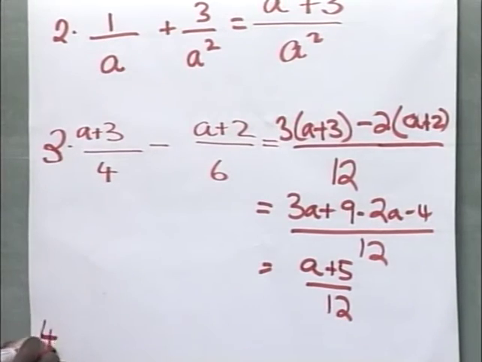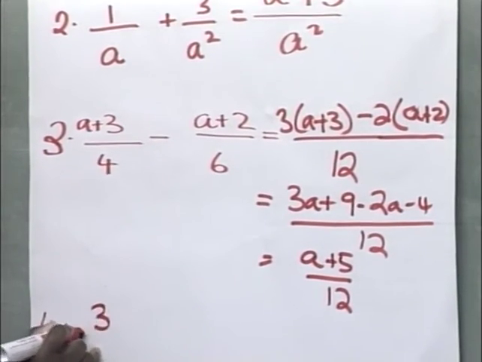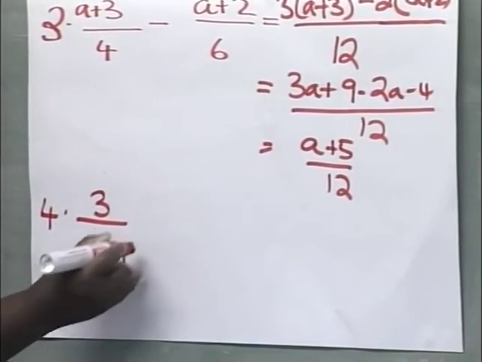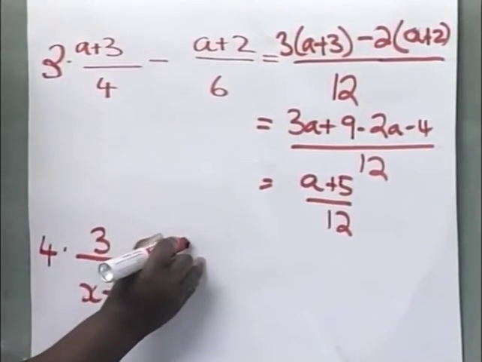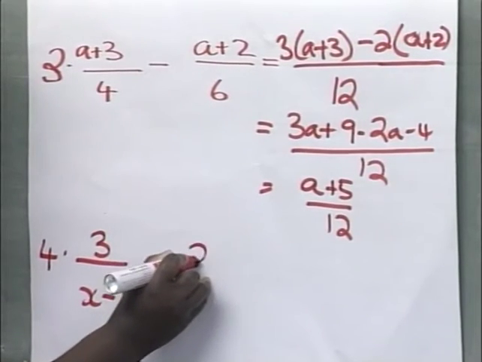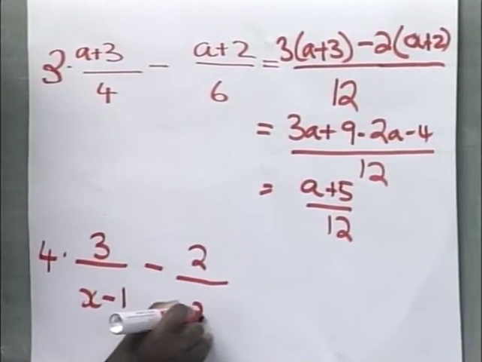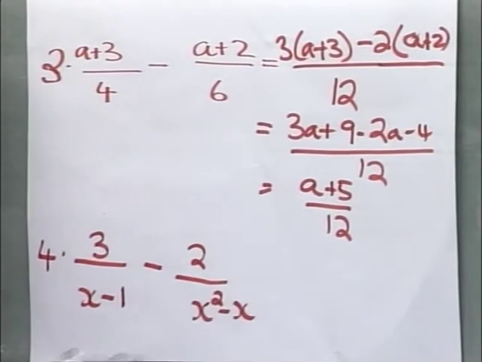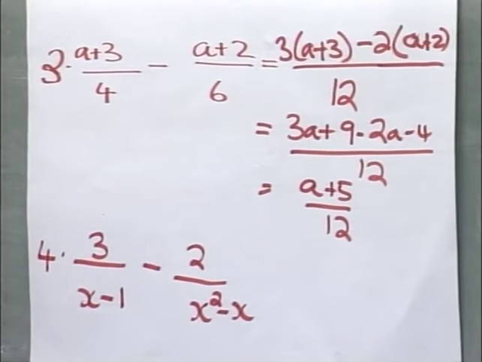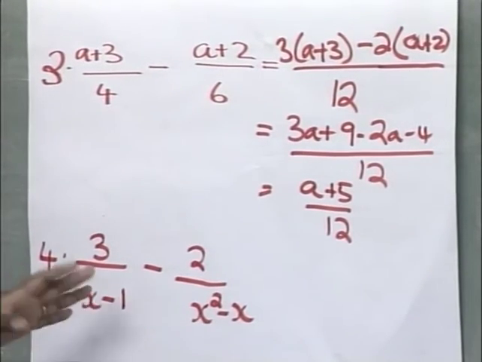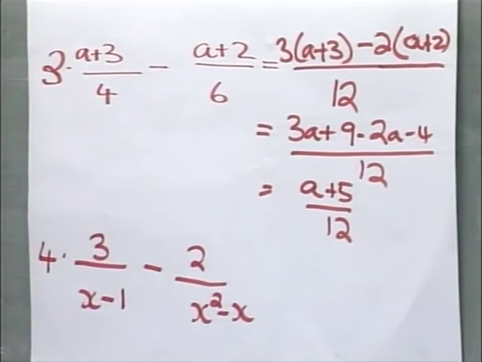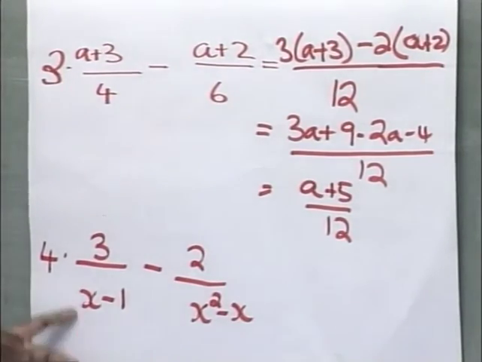Example number 4. Okay, I have x minus 1. Remember, it means one thing because it's the denominator of 3 over x minus 1. So it's representing one number.